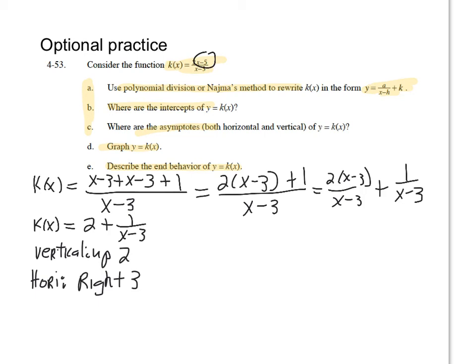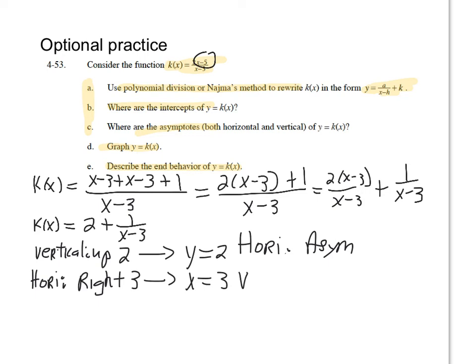This also leads to my asymptotes. This is going to lead to y equaling 2 as my horizontal asymptote, and x equaling 3 is my vertical asymptote.